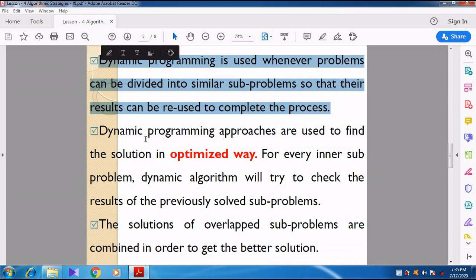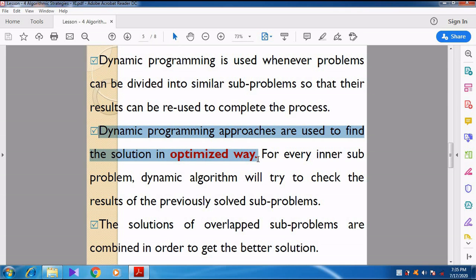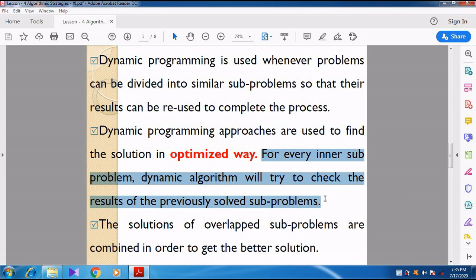Dynamic programming approaches are used to find the solution in an optimized way. For every inner subproblem, the dynamic algorithm will check the results of the previously solved subproblems. It will not always go for finding a solution, because it first checks whether the same problem arises again, or whether we already found the solution.